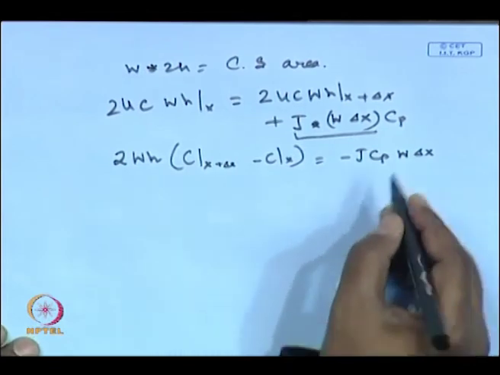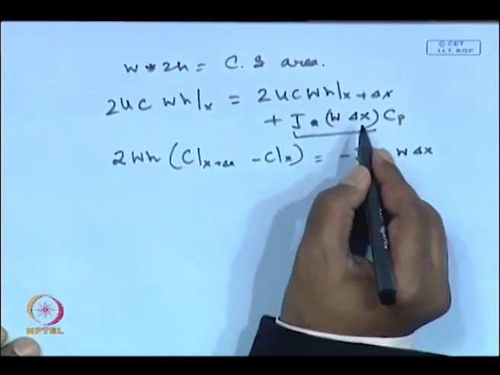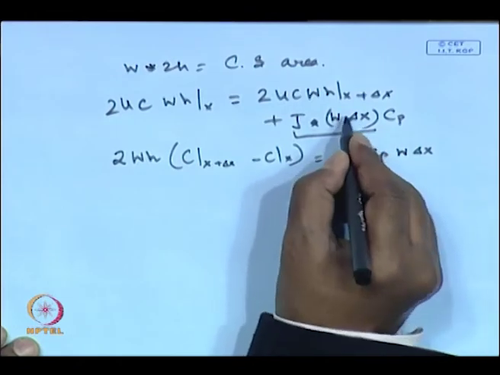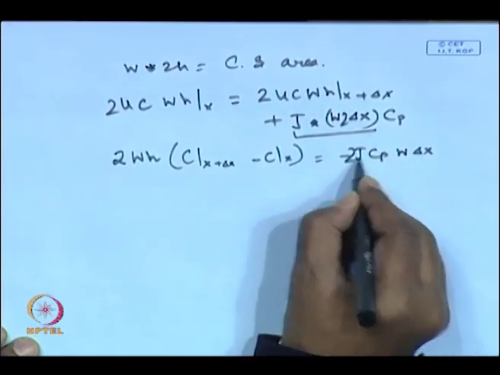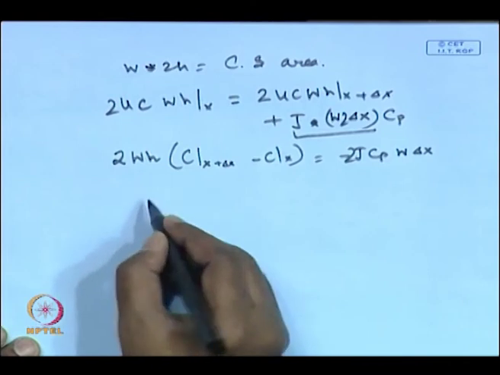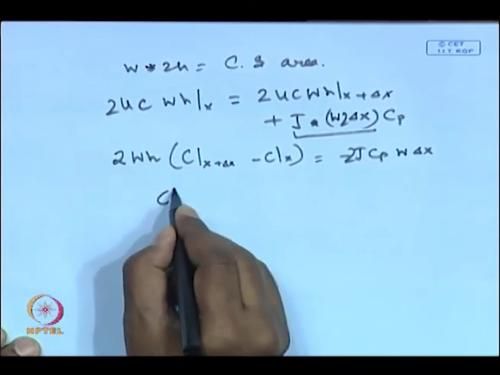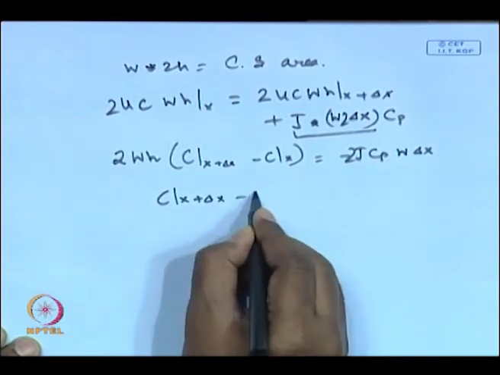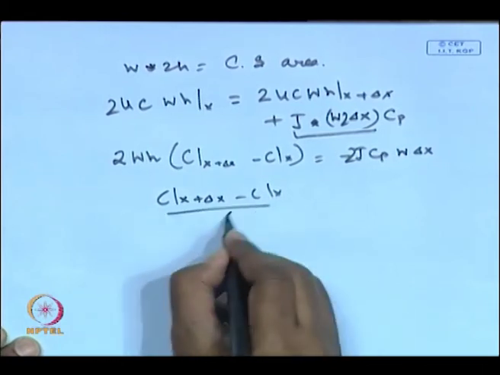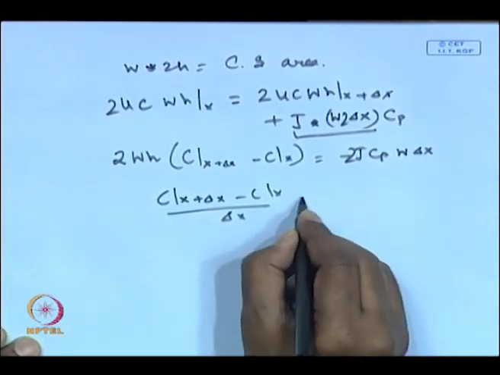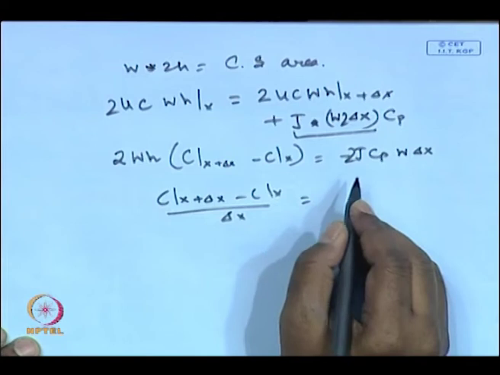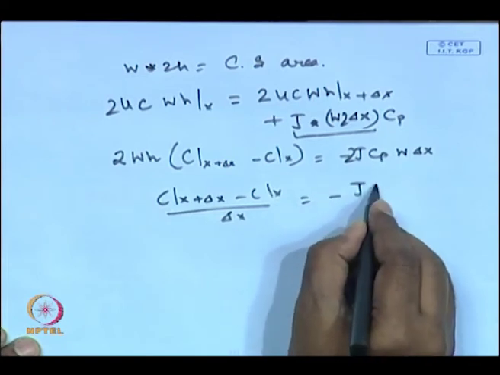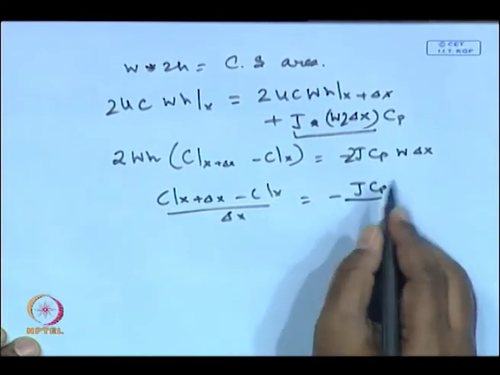There are two surfaces, so there will be a 2 here, W times delta x multiplied by 2. So your 2W will be cancelling. So this becomes C at x plus delta x minus C at x divided by delta x is equal to minus J Cp divided by H.